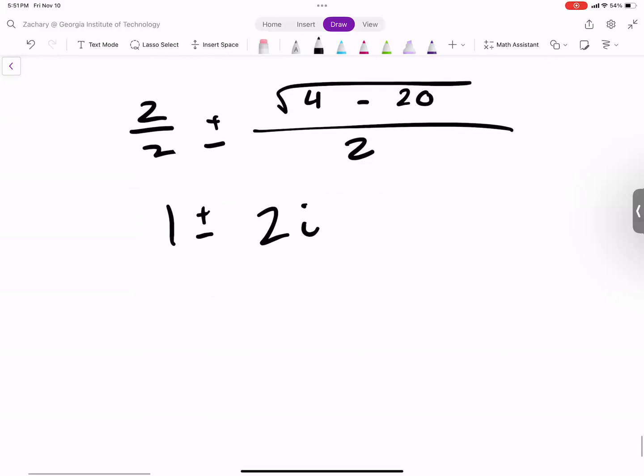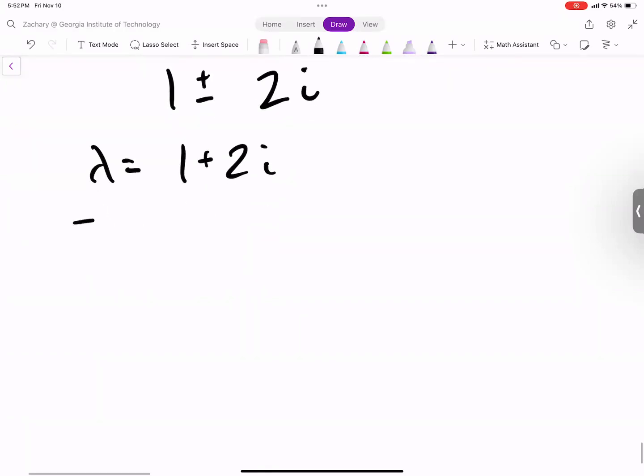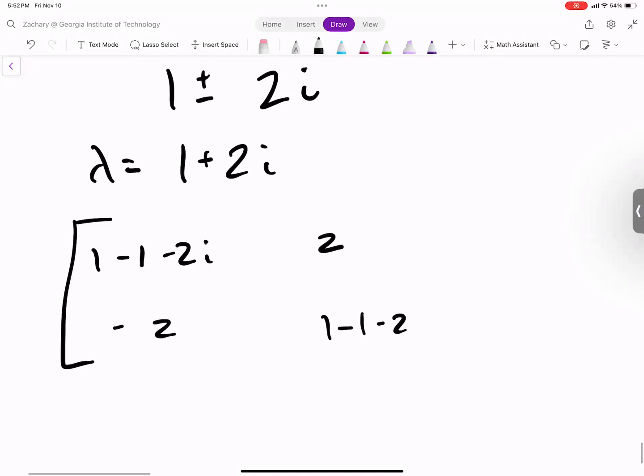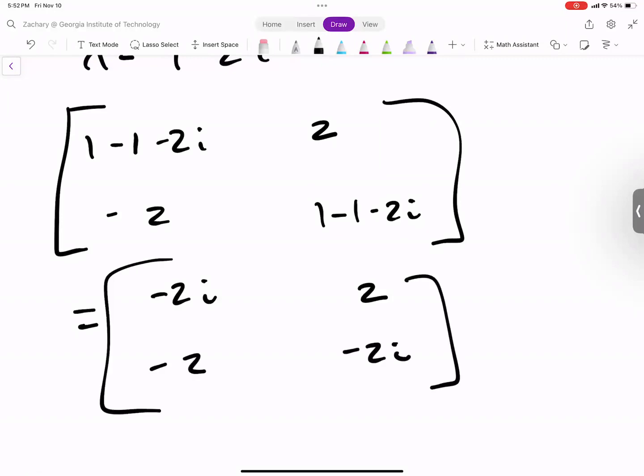How do we find our eigenvectors? Well, we find the null space of A minus lambda I. So we'll do just lambda equals 1 plus 2i first, where we have 1 minus 2i, 2, minus 2, 1 minus 2i. This gives us minus 2i, 2, minus 2, minus 2i. This is a case where it's not ridiculous to find out how you can combine rows.